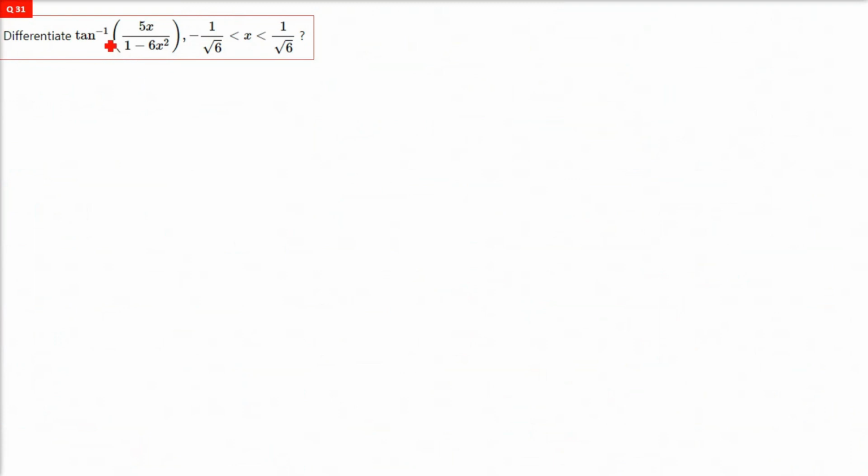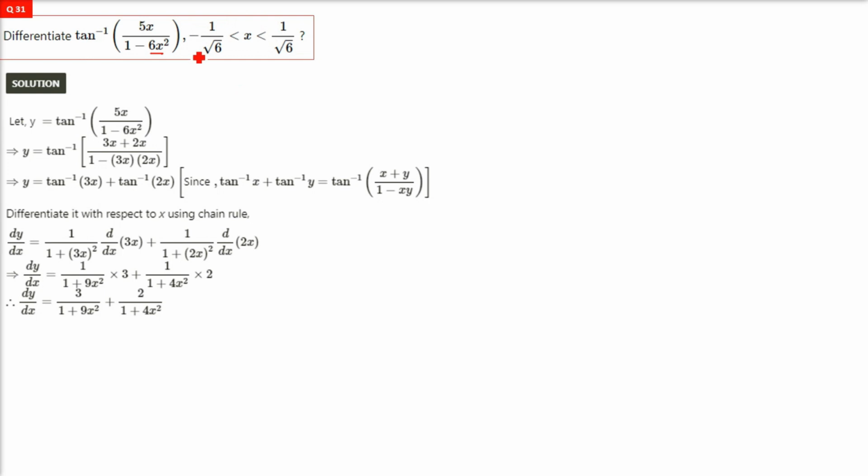Now we have to differentiate tan inverse of 5x divided by 1 minus 6x square. This type of question we have just done, that there is also a limit being given, or the boundary being given. x should be between minus 1 by root 6 and plus 1 by root 6.